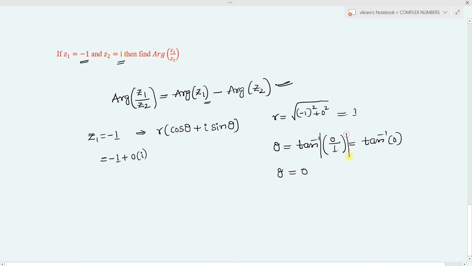But the complex number is minus 1 plus 0i, so it is on the negative real axis. Then theta equals pi minus alpha if we consider the second quadrant, so pi minus 0 gives us pi.